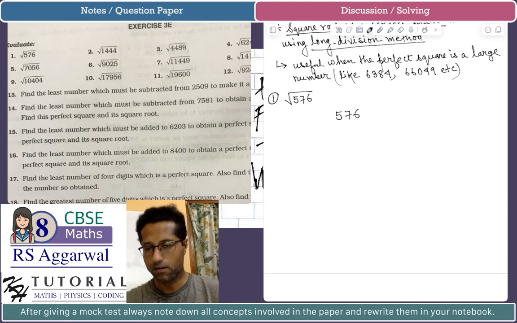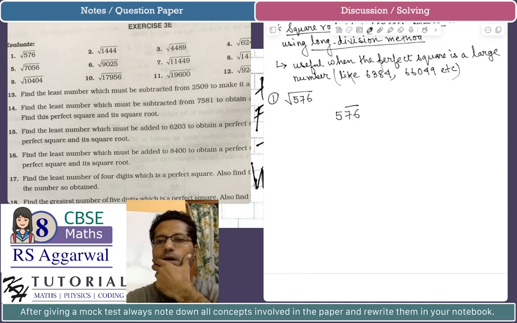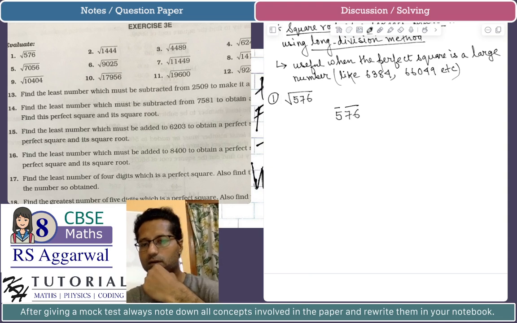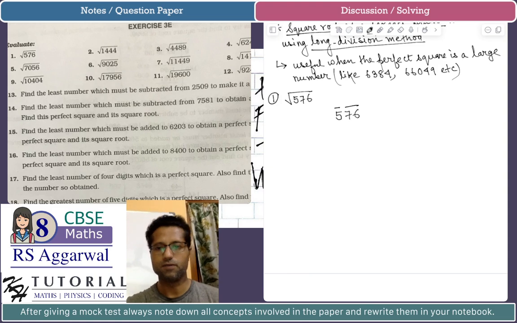The first pair of digits from the right hand side is 76, and whatever digit is left over, you also mark it. So mark each pair of digits from the right hand side with a bar on top of the 2 digits, and if any digit is left over, you also put a bar on top of the digit. These pairs of digits or the leftover single digit are called periods of the given number.